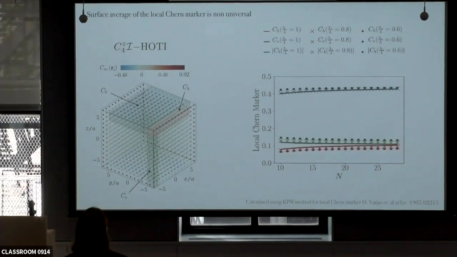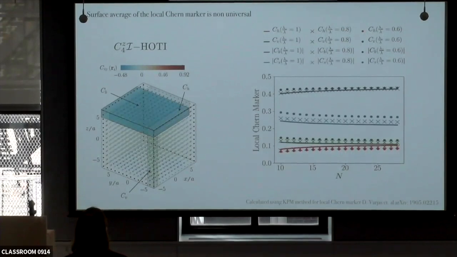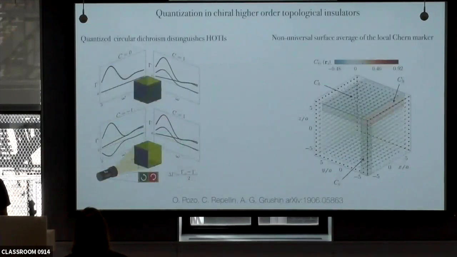And so this is telling you that if you sum over the whole surface, which is this extra line here, you actually can get whatever you want, essentially. So this local Chern marker of a single surface is actually non-universal. The bulk of the surface is universal, but if you add the hinges, it's not. So that distinguishes it from a Chern insulator.